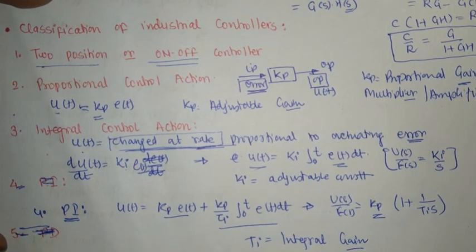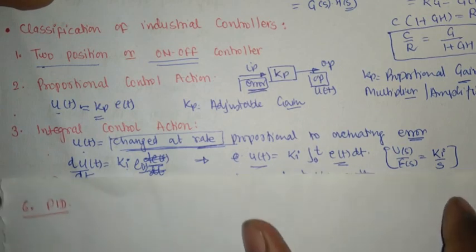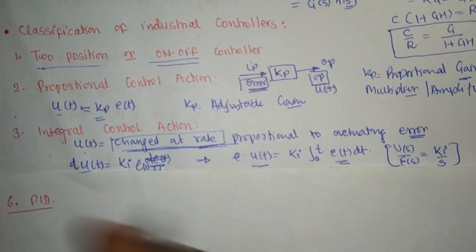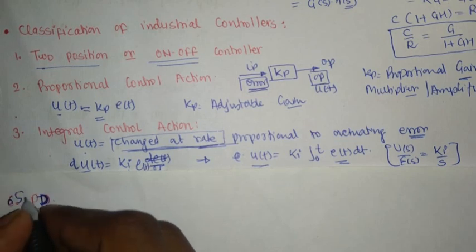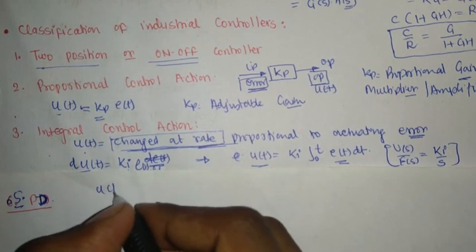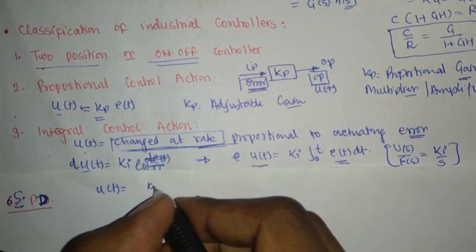Now similarly I can have some systems which will be giving me only PD, meaning proportional and derivative sort of things. PID we will discuss later. Let's say we have a system which is PD, the fifth type of category. I am going to write it directly because you have got the hint now what exactly we are doing over here.